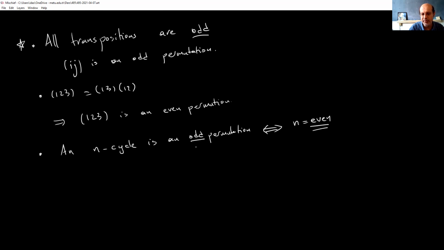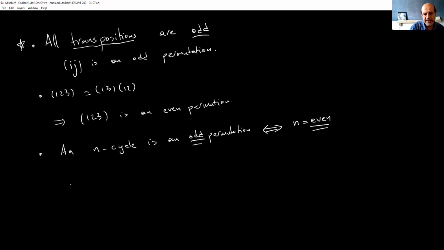So just try to remember that these two are opposite to each other. So probably a 2 cycle is going to help you. A 2 cycle, well, 2 is even, but somehow this is an odd permutation because I know that the 2 cycle is a transposition. So it's obviously odd by definition.